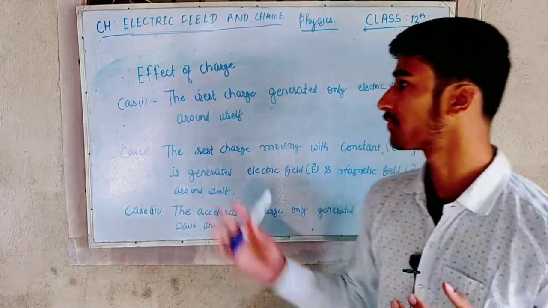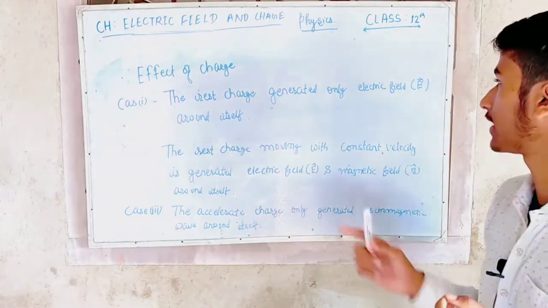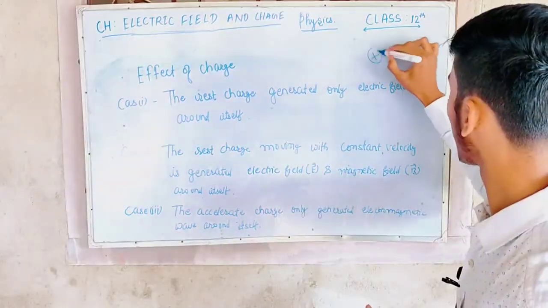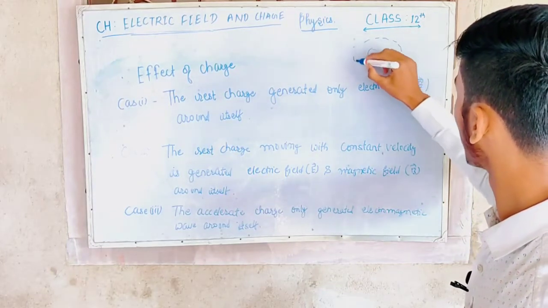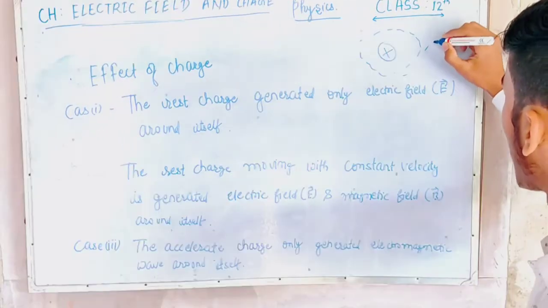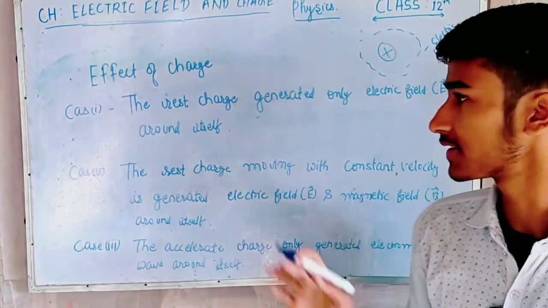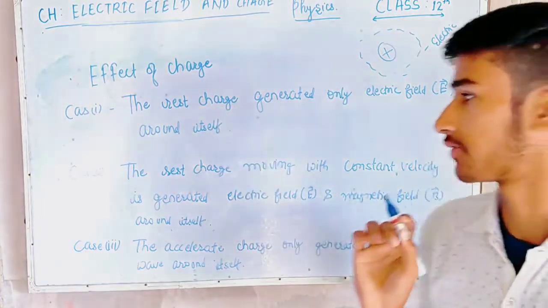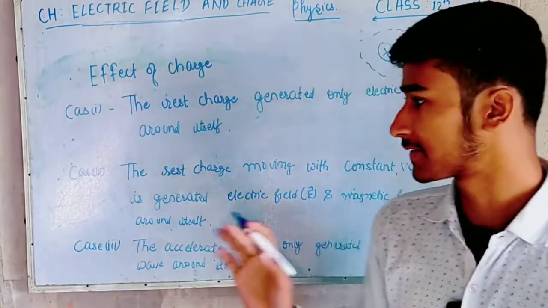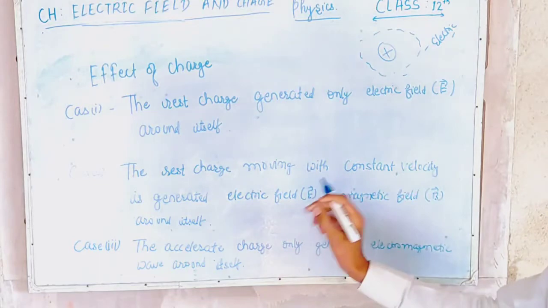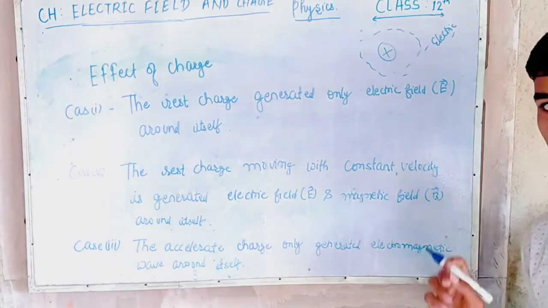Of all the cases, in the first case the rest charge generates only electric field around itself, as you can see, right? And the second case is the charge moving with constant velocity generates electric field and magnetic field around itself.